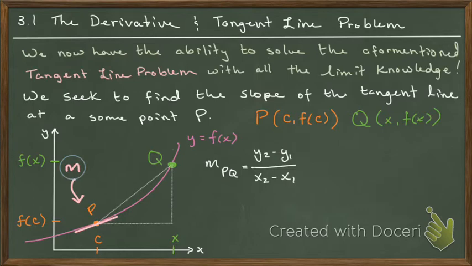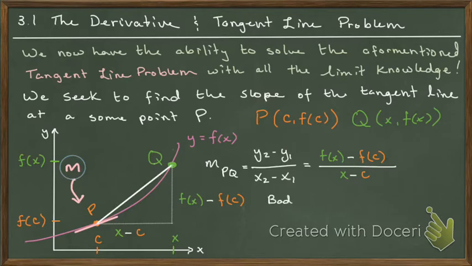So what we would do here is write the change in y as f of x minus f of c, larger value minus smaller value, so that we're dealing with positive values. That goes in the numerator, the change in y, divided by x minus c, our change in x. This is going to be the slope between those 2 points. If I color that slope in, if I make that a little bit more bold, we see that that's not a very good approximation for what m actually is.